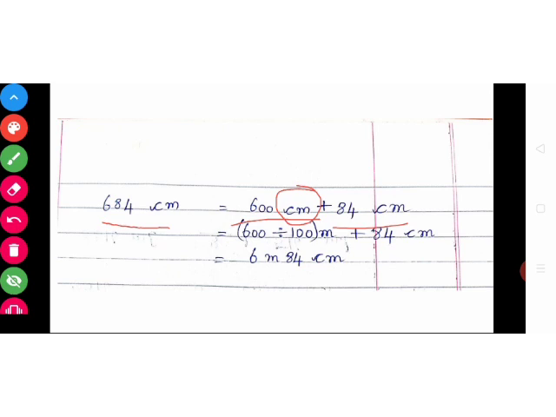Divide by 100. Using the conversion table, check your calculation children. Okay. 600 divided by 100. So your answer is 600 divided by 100 is 6 meter. This plus 84 centimeter, add and write as such. So 6 meter 84 centimeter is your answer.